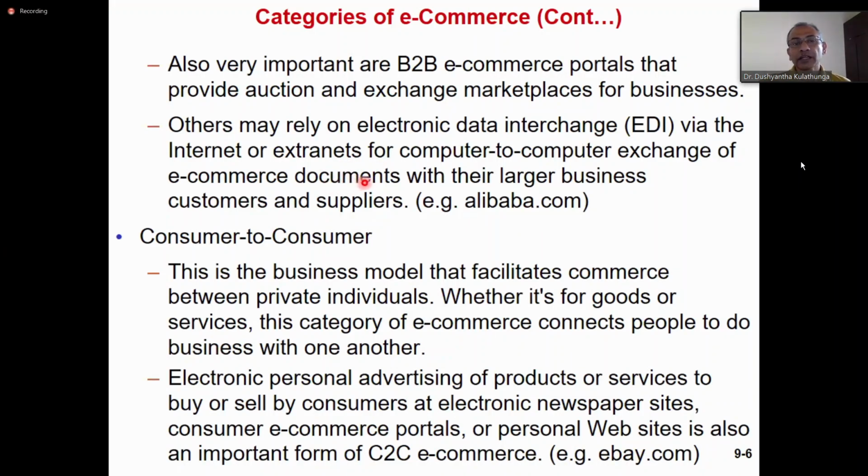So when an organization sends a document to another organization, and it is received by the other organization, their computers are capable of processing that document directly inside their systems, because it is in a standard form which is acceptable to both organizations, and can be processed directly by the computers of both.